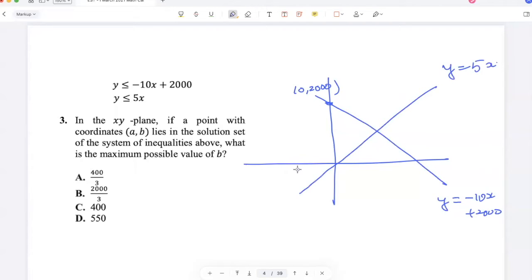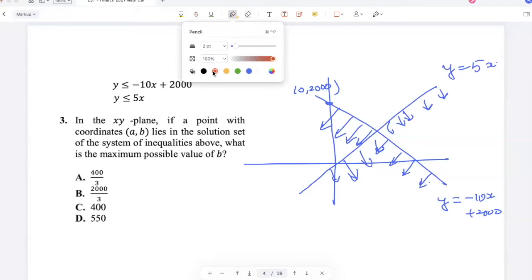And we're looking at the less than region. So we are looking at this region and this region, right? Okay, so the system will be this region where both the regions intersect.